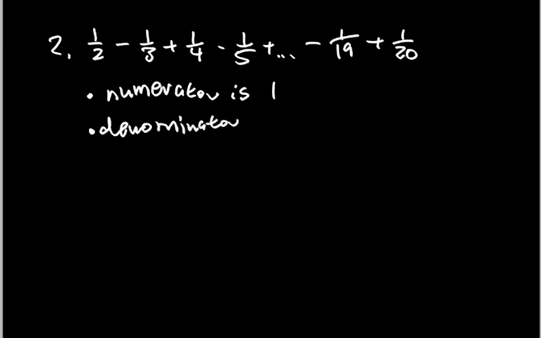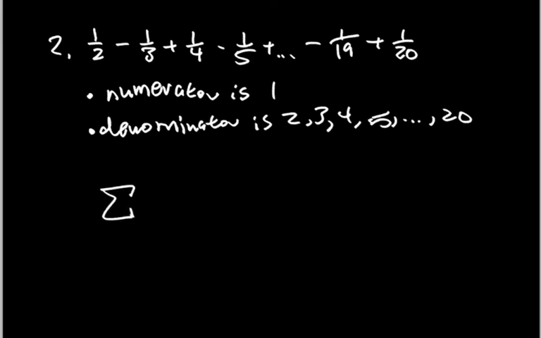So it is 2, 3, 4, 5 dot dot dot 20. So just increasing numbers from 2 to 20. So we can already tell that at some point in our summation, we're going to get 1 over k. And k is going to start at 2 and then go to 20.